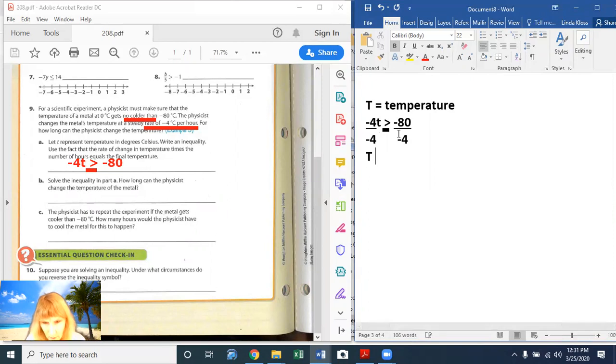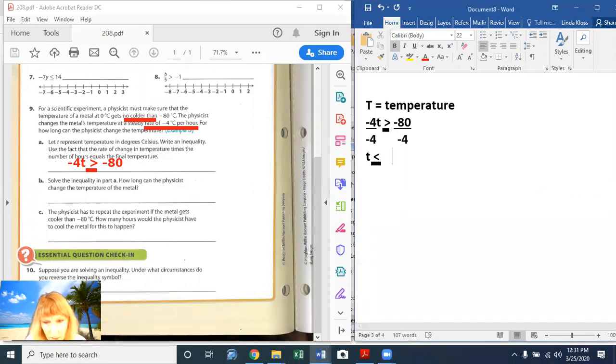T is now greater than, oh, wait a minute. Is it greater than? We divided by a negative number. So t, we're going to have to flip the sign, is going to be less than or equal to, little equal sign there, less than or equal to what?